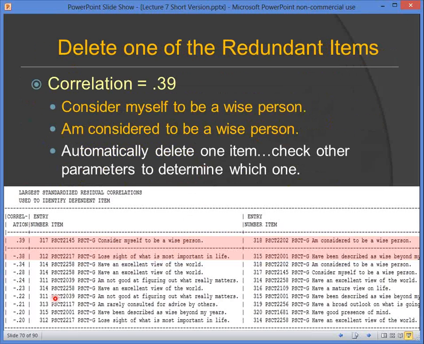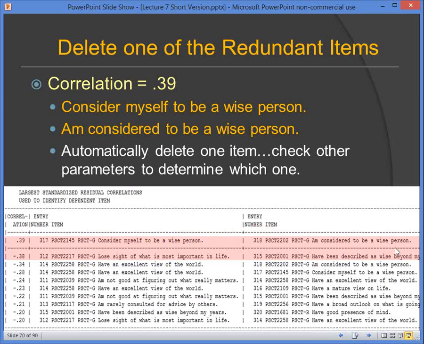So here is an actual result, but this is on the perspective or wisdom scale. What this shows is that the correlation between these two items at the top here is 0.39. If we look at the text, one of the items is "I consider myself to be a wise person," and the second item is "I am considered to be a wise person."